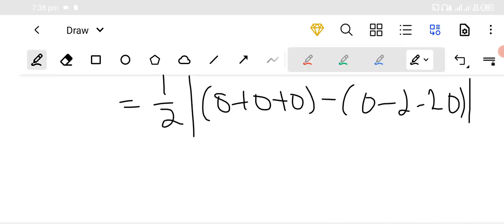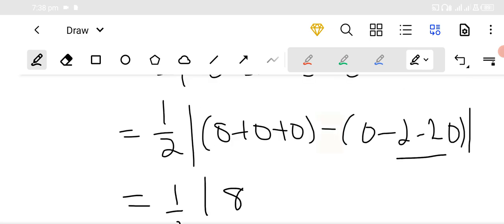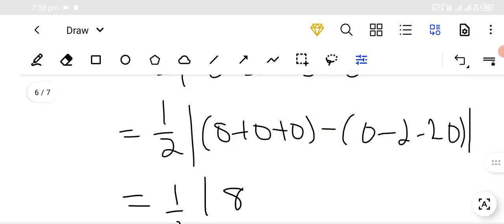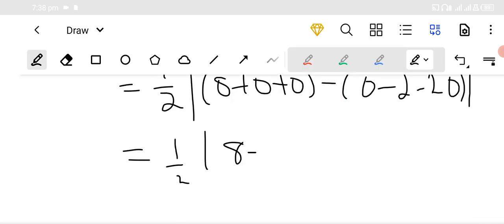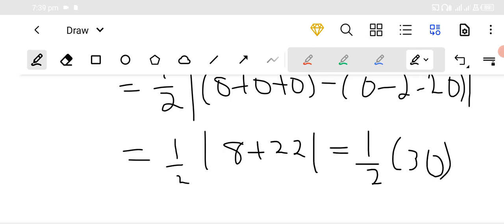Why we say modulus? Because sometimes you can have a negative answer, but we ignore the negative. So here I'm going to use an answer of 8, and then here you have a negative 2 minus 20. You're going to have a negative 22, and then because of this negative, it's going to become positive 22. So it's going to be plus 22, which is equal to half of 30.